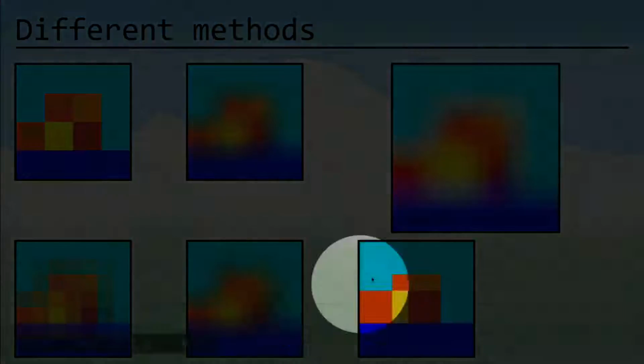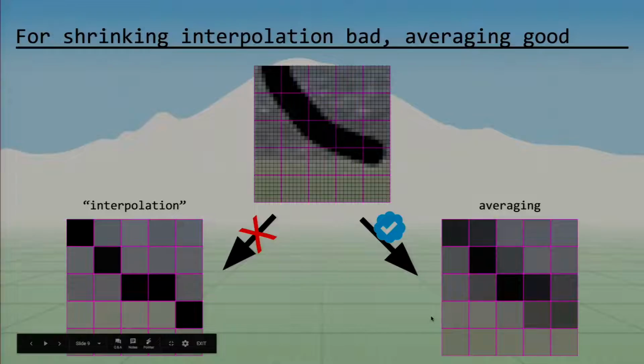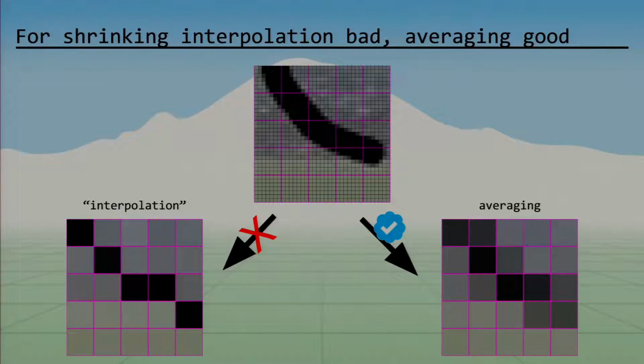Nearest neighbor just ends up looking real weird for this. And we talked about how, if we're going to do a resize operation that makes the image a lot smaller, oftentimes interpolation is not what we want. What we really want is some kind of local averaging of pixels in some neighborhood.